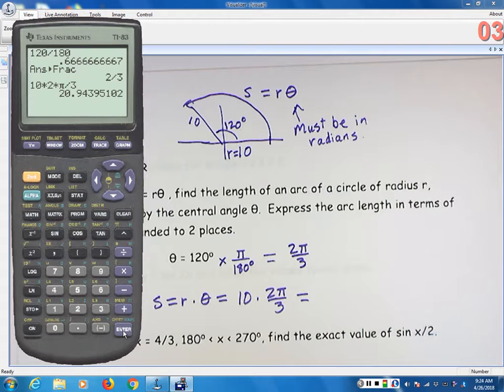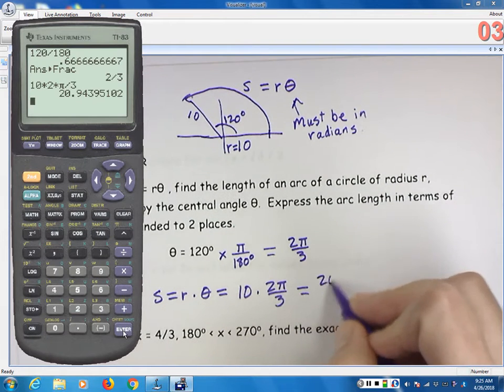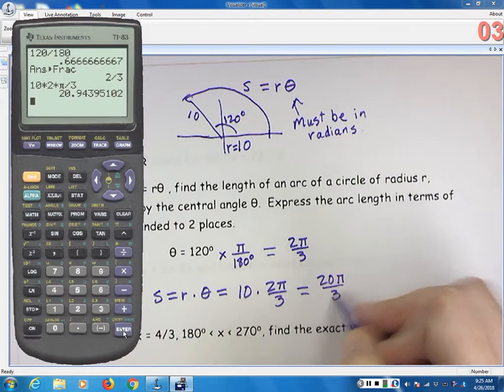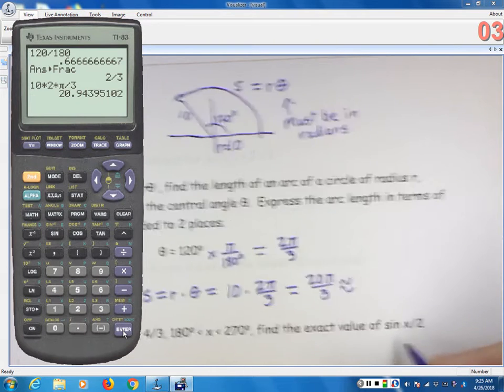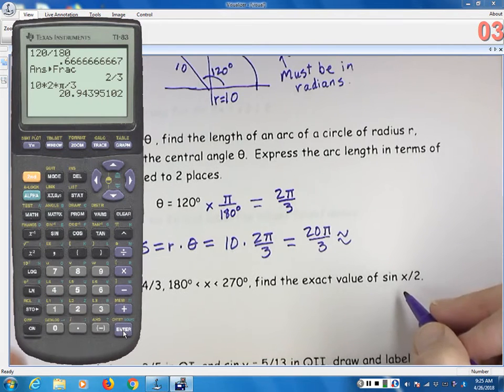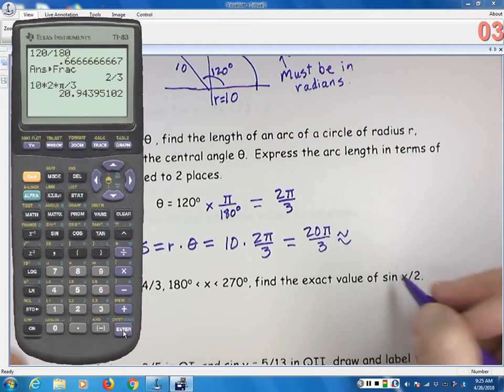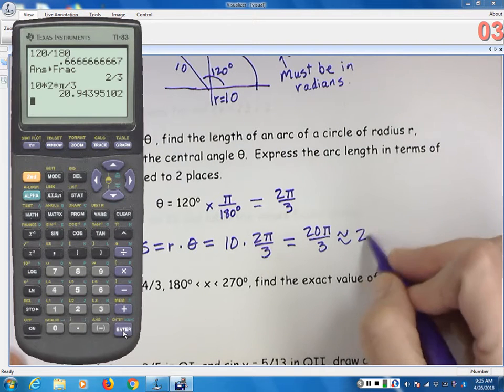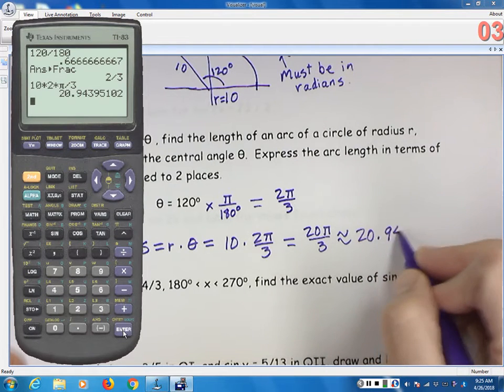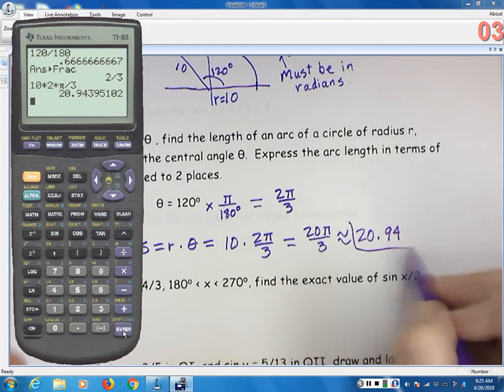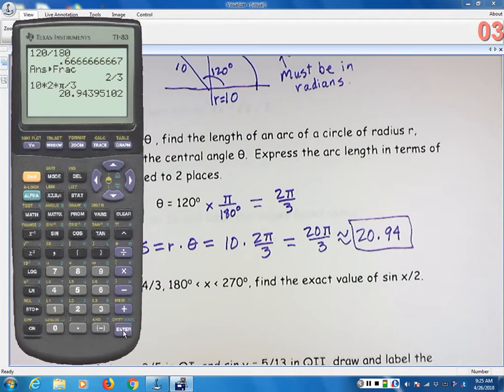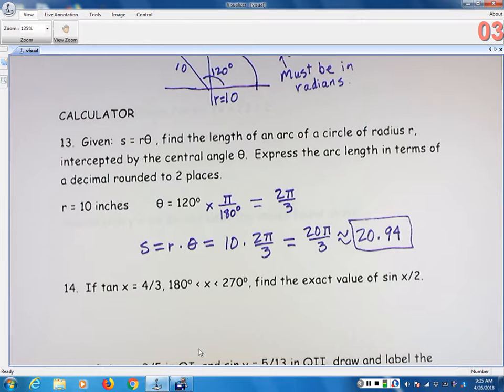So you could write this first as 20 pi over 3, and then it's approximately 20.94. There'll be answer blanks for you to put your answers in. So put your final answer in the answer blank.